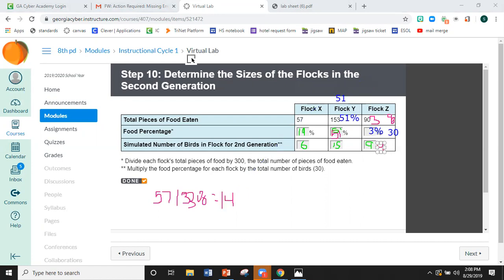So the percentage of food that they ate. Flock X, earlier they were getting like 40 and 50% of the food. Now they're only getting 20 or 19%. Flock Y was getting 30% of the food. Now they're getting about half. Flock Z was getting 28% of the food. Now they're getting about 30.